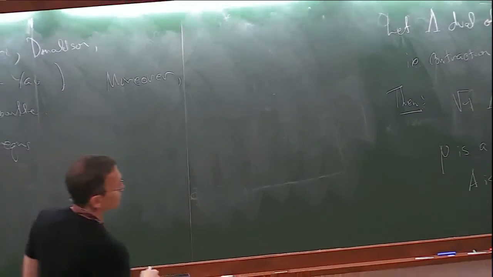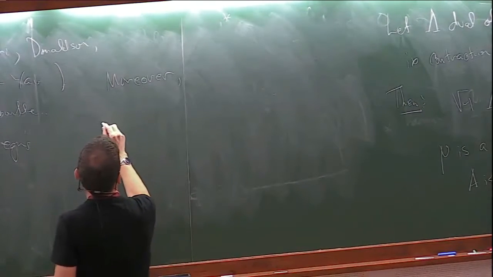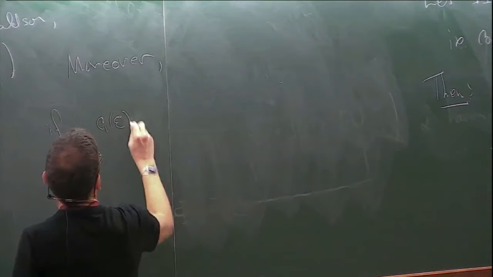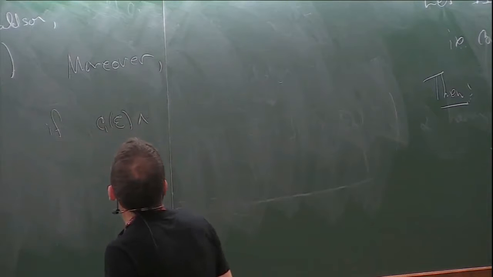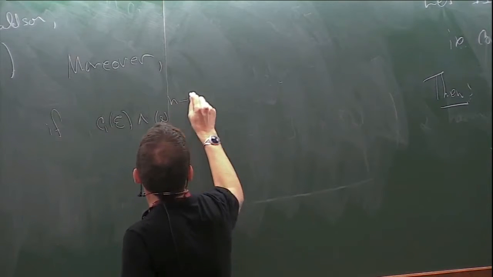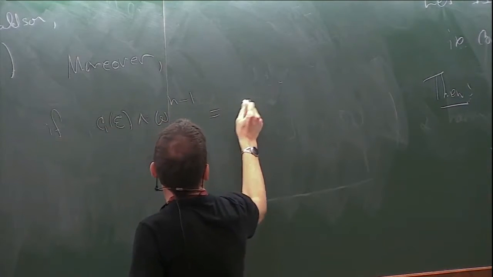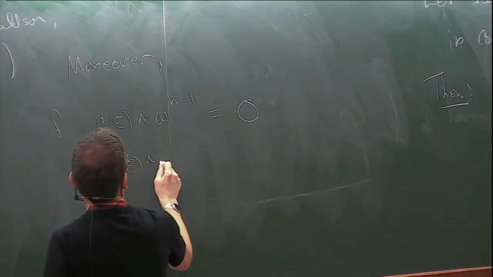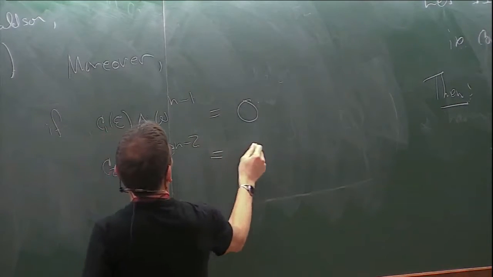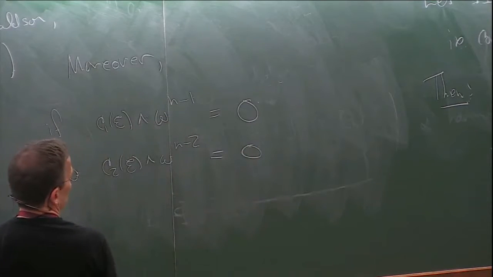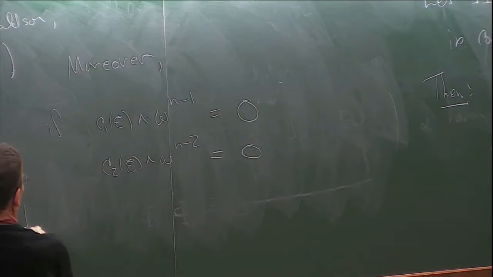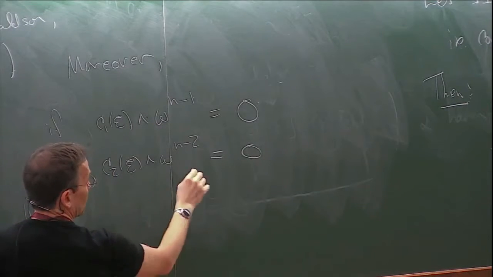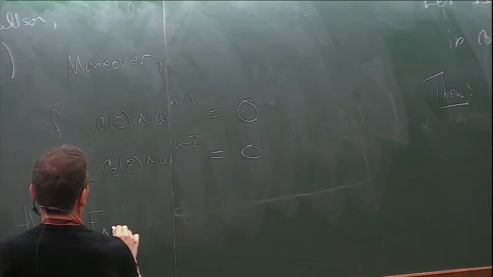And here it's rather simple. So moreover, if I look at the Chern numbers of E, involving just c1 and c2, if these two vanish, then in fact the stronger condition is satisfied.